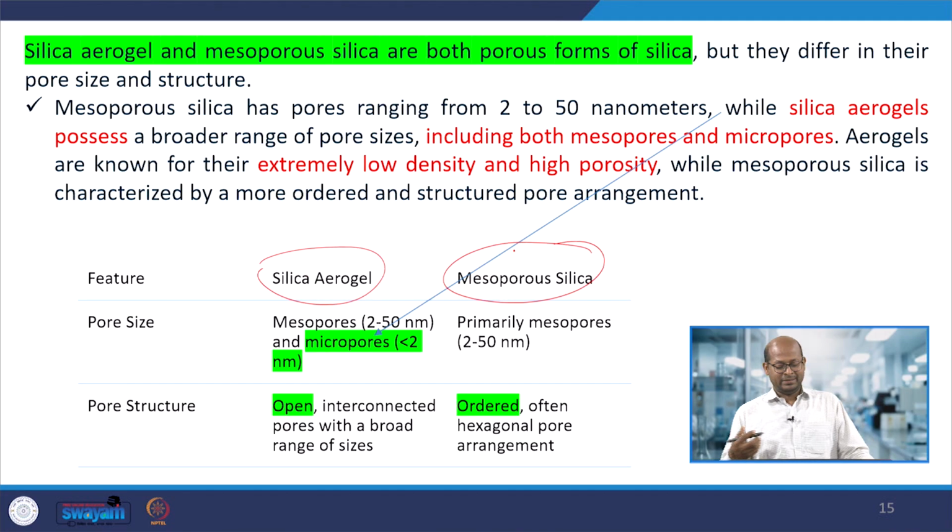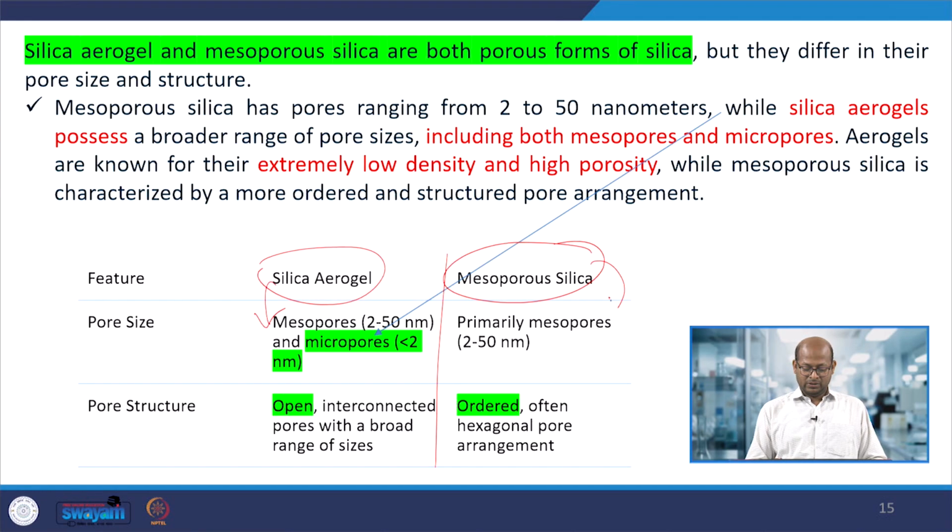Both are made from silica precursors like tetraethyl orthosilicate. But here you can see the pore structures. In silica aerogels mesopores are present, and in mesoporous silica also mesopores are present, within the range of 2 to 50 nanometers. But in addition, when we are preparing silica aerogels, we are not using the conventional drying process, so micropores are also present along with the mesopores.